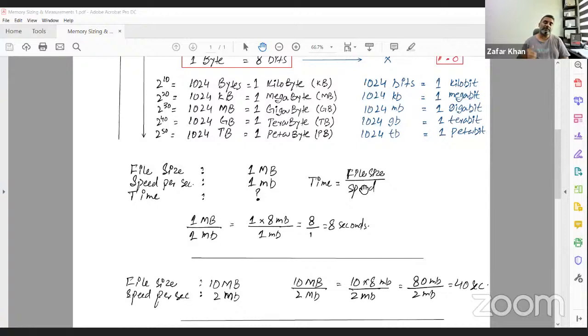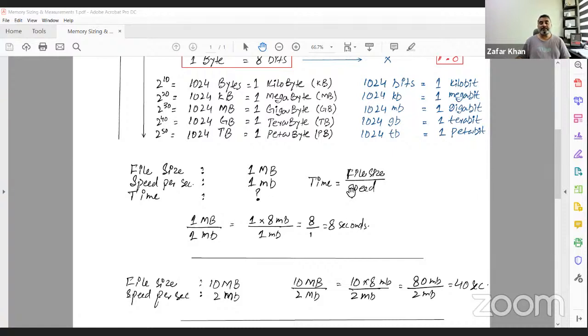Why in seconds? Because the speed of the data transfer is always defined in terms of seconds. So if I say I have got a connection of 10 Mbps, it means 10 megabits per second, and that is why the result will always be in seconds. So if I have got a file of 1 MB, I will first have to convert this byte into bits so that I could divide.